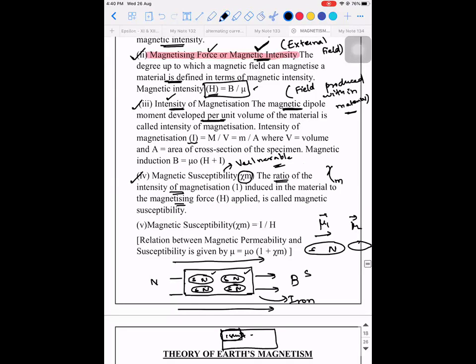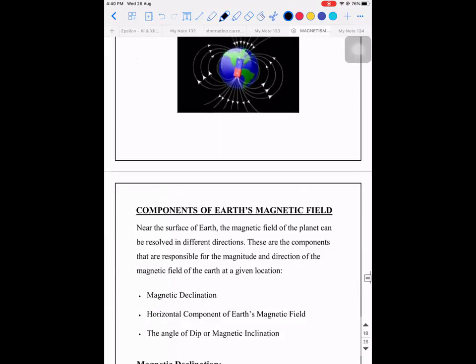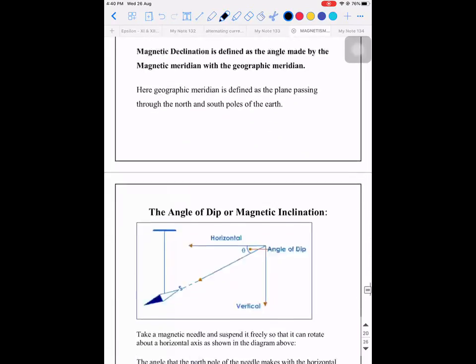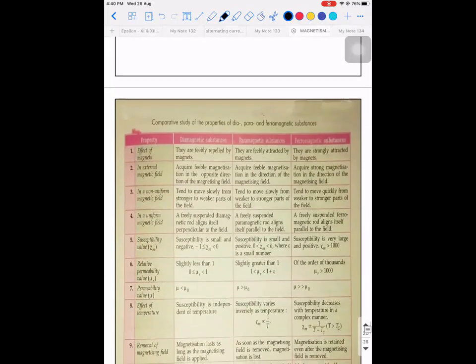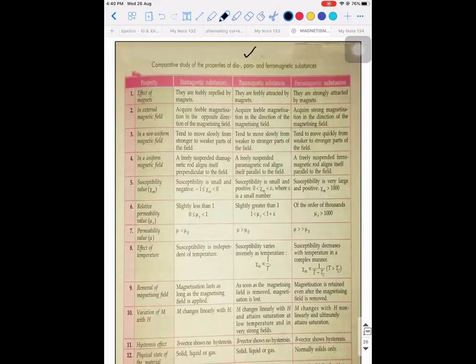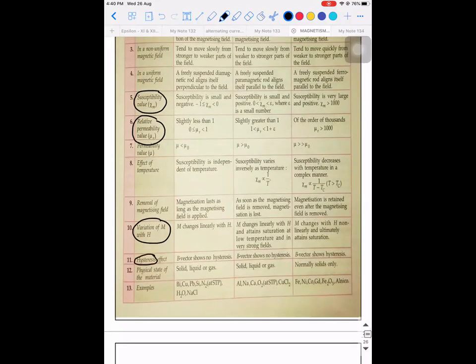So these are all the definitions related to the magnetic properties of a material. It's not over yet, wait. Based on all those things, we will do a comparative study between diamagnetic, paramagnetic and ferromagnetic material. We will see susceptibility, relative permeability, and the variation of M with H. This will also give you the answer for the hysteresis effect.